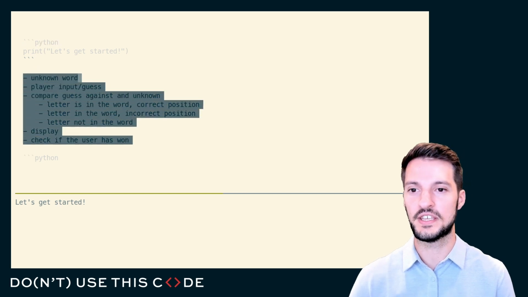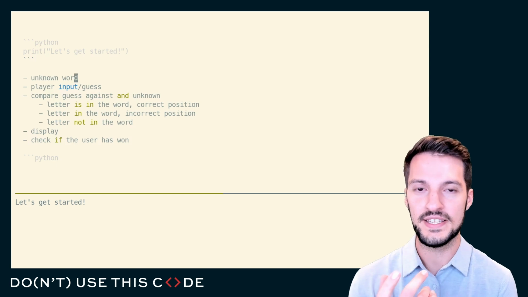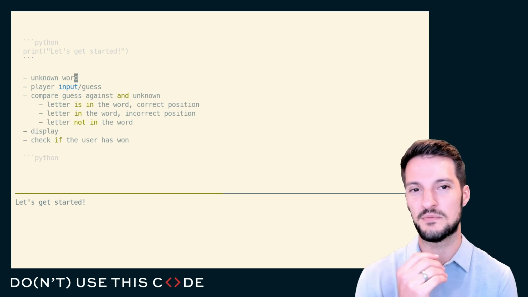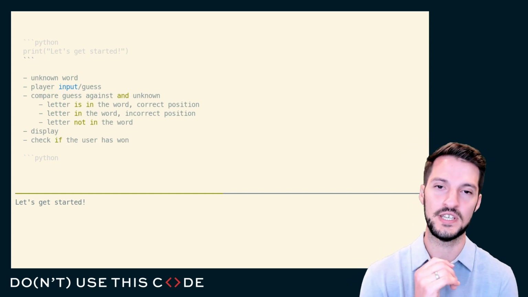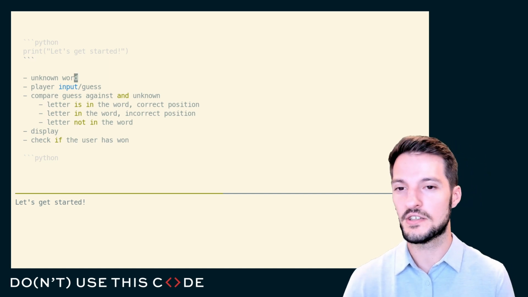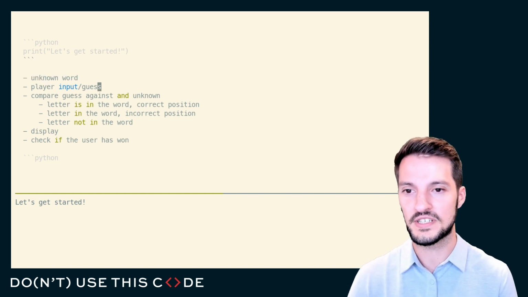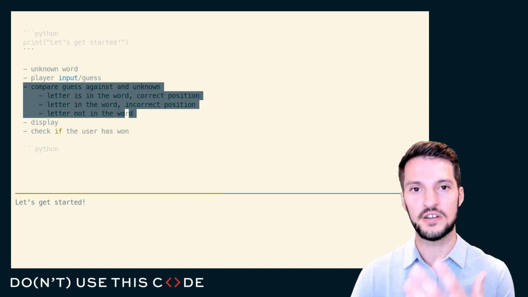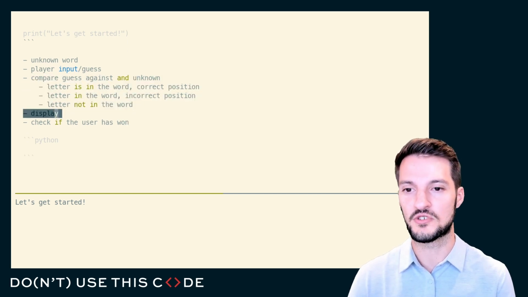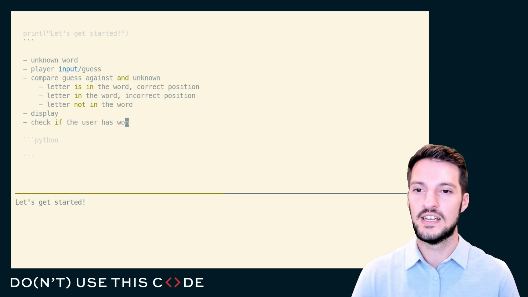By simply thinking through my program, I can identify the pieces that I need to recreate and estimate which pieces will be harder, which will be easier, and which are dependent on others. Clearly, this flows in a somewhat linear direction where an unknown word is picked first, and then you have n rounds of guessing, and then you compare the guess against the word, display some results if you want, and then check if the user has won.